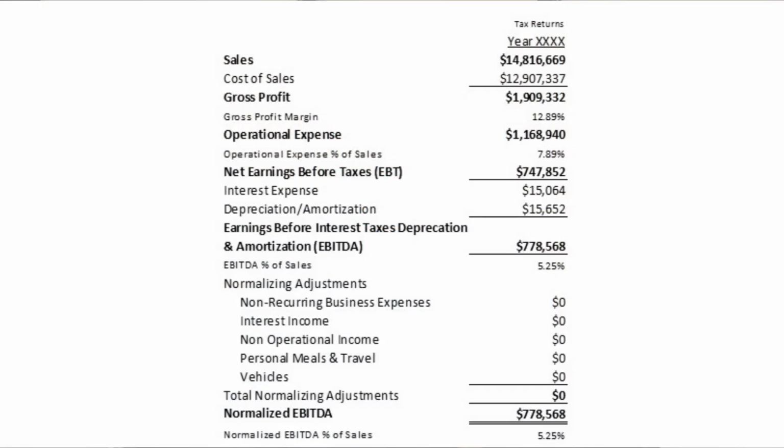So let's walk through an example of how you would calculate an EBITDA and a seller's discretionary cash flow. In this example, you've got sales of $14.8 million, cost of goods sold of $12.9 million, gross profit of $1.9 million, operational expense of $1.168 million, or net earnings before taxes of $747,852.